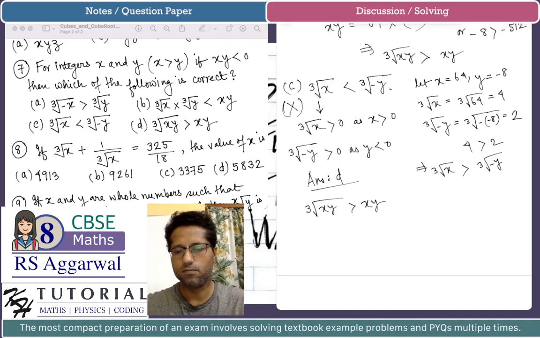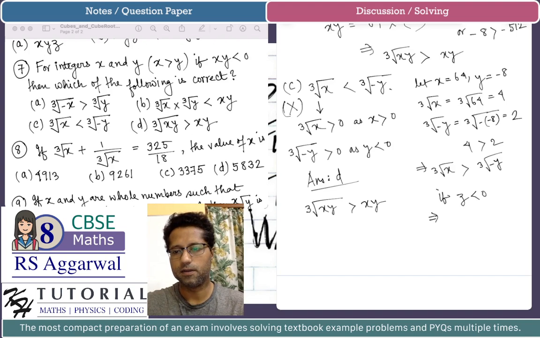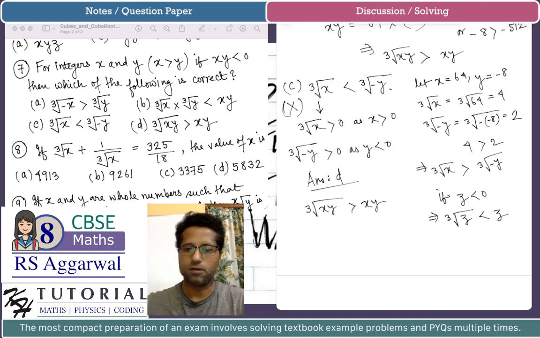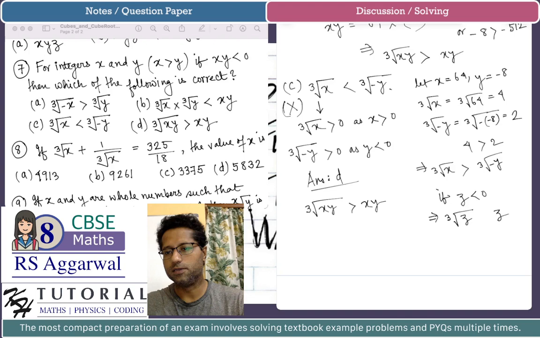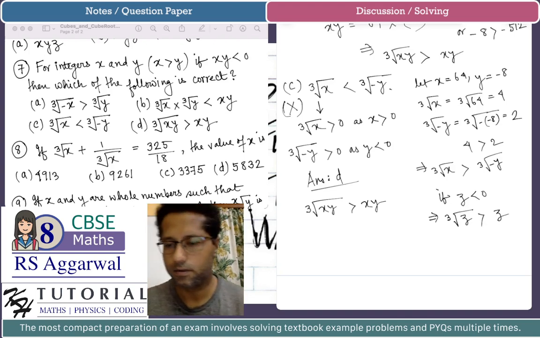Or in general form, if let's say z is less than 0, this will imply that cube root of z is less than z. Sorry, not less, but greater than z. If we have z less than 0, then the cube root of z will be greater than z.